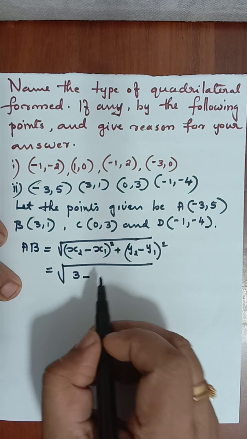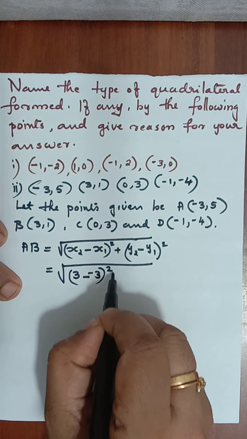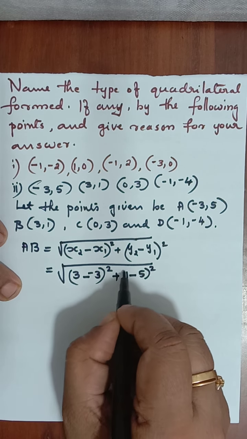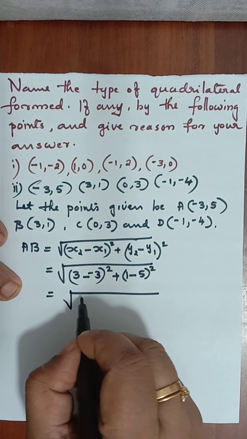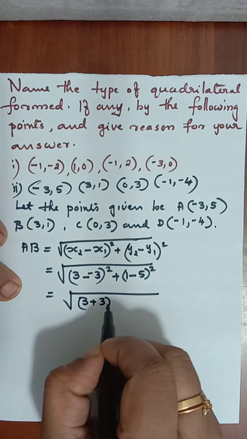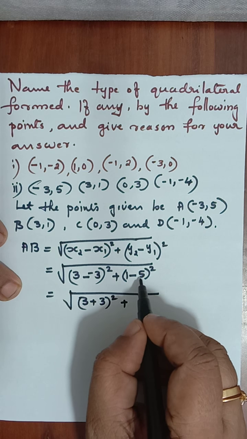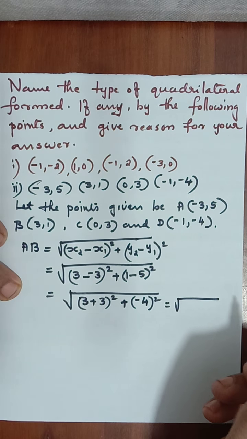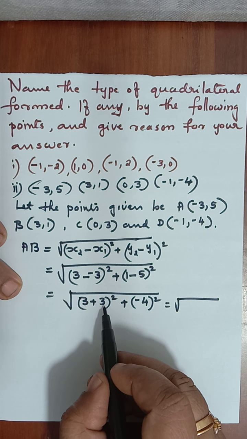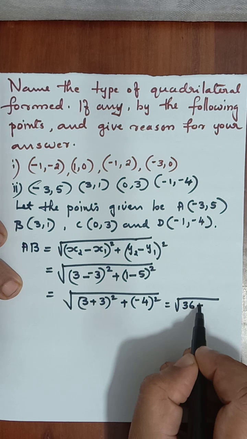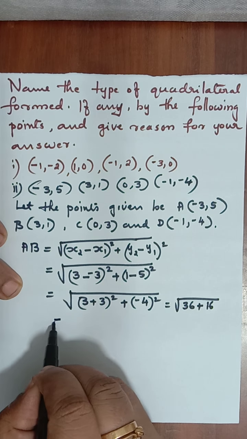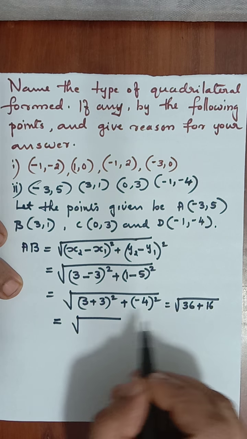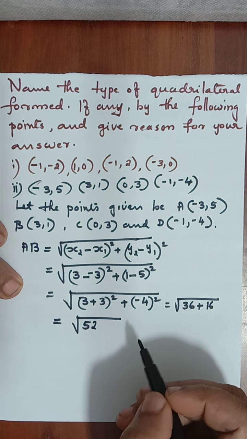That is 3 plus 3, minus of minus will become plus, whole square, plus 1 plus negative 5, it is negative 4, whole square. This is equal to square root of, what do we get? 3 plus 3 is 6. 6 square is 36 plus 4 fours are 16. It's equal to square root of 52. Add both, we are getting 36 plus 16 is 52.